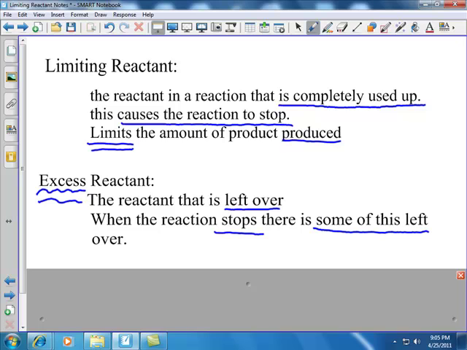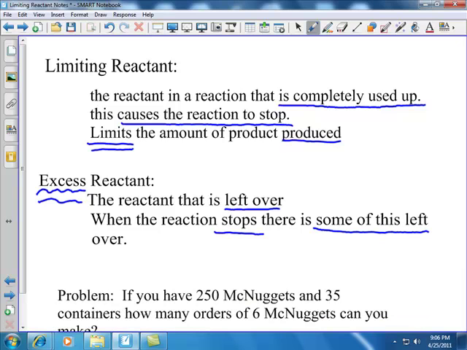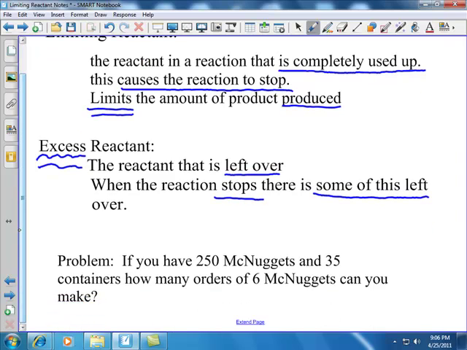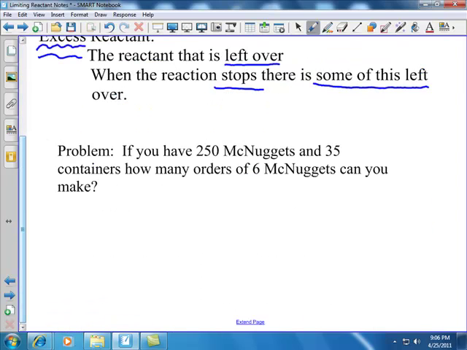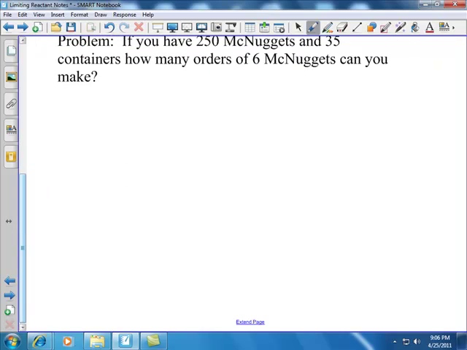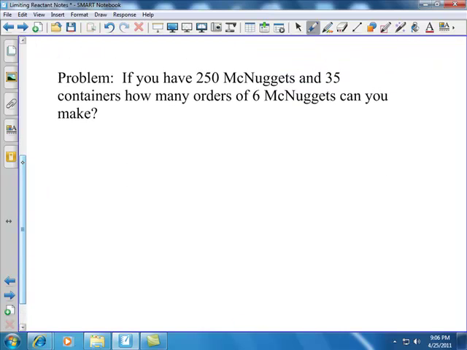Now, what I want to do is give you some not chemistry examples, but some examples along the lines of limiting and excess. They're going to seem a little weird, but it's just to get you the idea of what it means to be limiting and what it means to be excess. This one actually came from a former student. So let's say you are working at McDonald's and you are making orders of McNuggets.